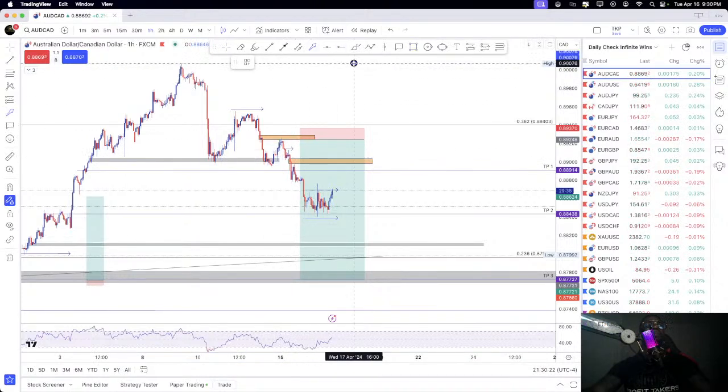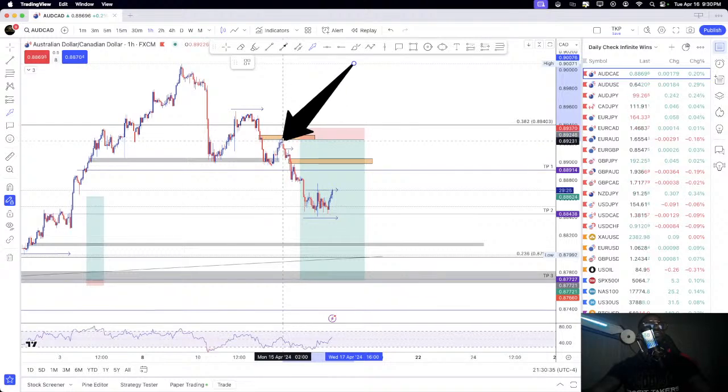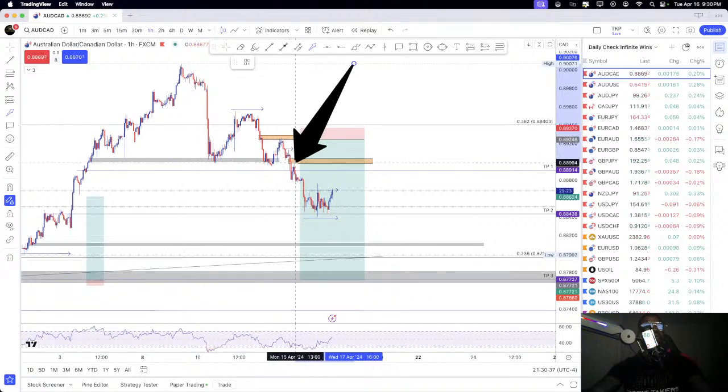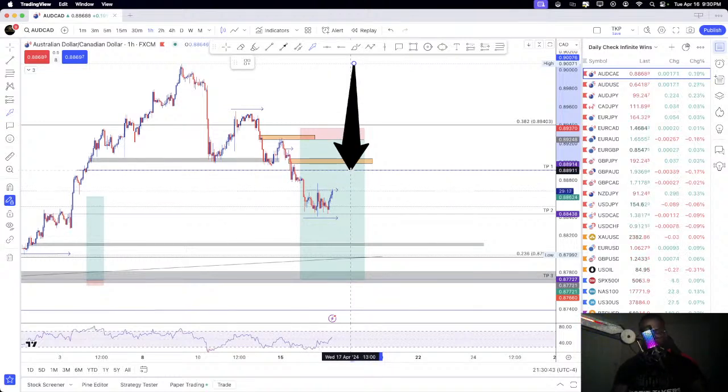I noticed the area right here, which was another flag pattern on a smaller time frame. So what I did was I just set a limit order, being patient, and once price reached that area, which it did right here, we were entered in on this trade setup, and we got TP1 hit and TP2 hit.